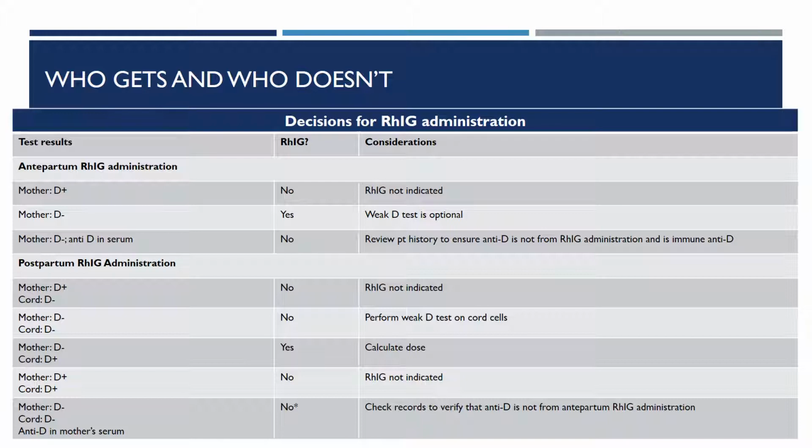Remember, if your hospital does weak D testing, even if she's weak D positive, we treat her as if she's D negative, because of the risk of producing an anti-D. If, however, she's already produced an anti-D, no, RhoGAM's not going to help.